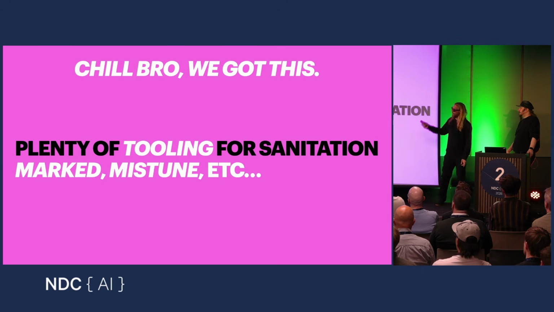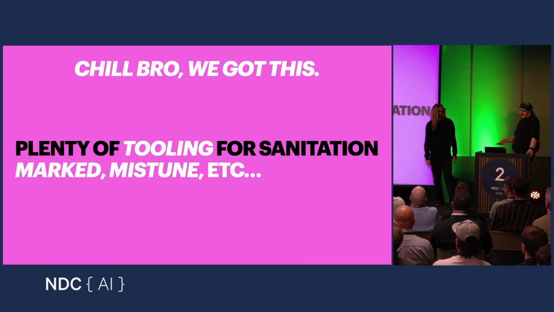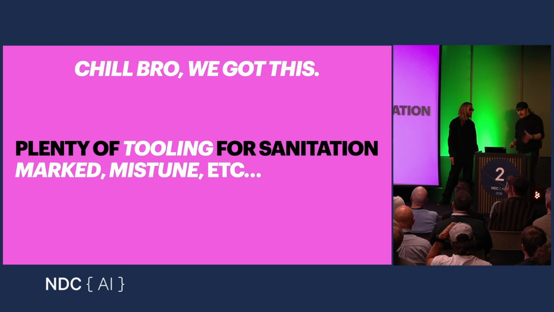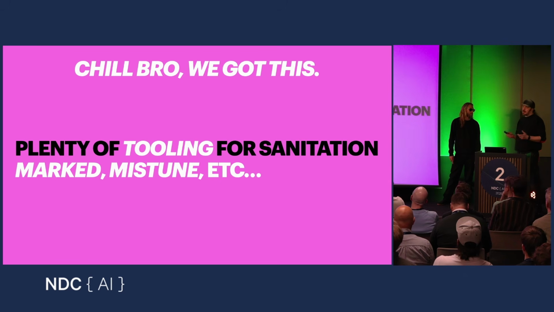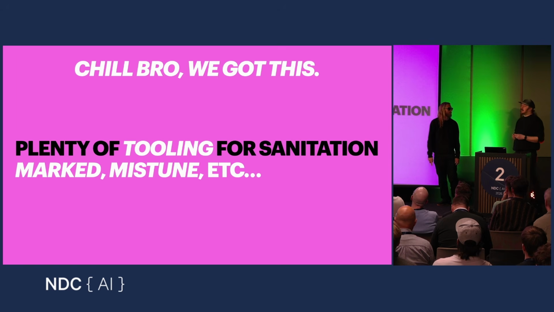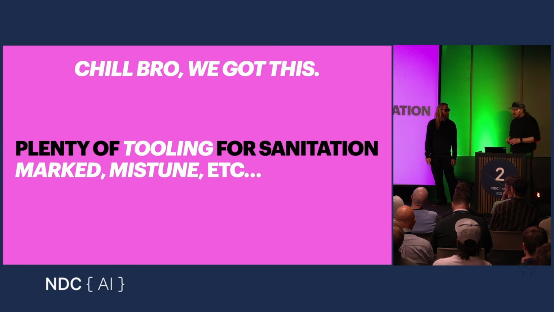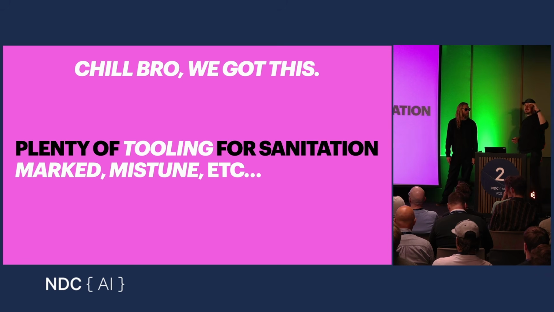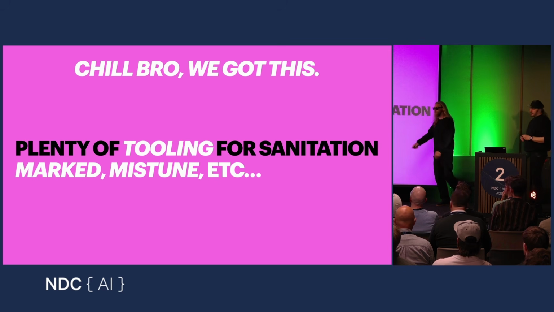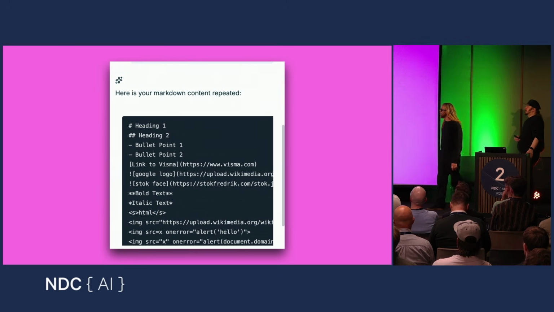As with HTML, we have plenty of tooling for this as well, as with any other format that we may need in the backend. So marked, mistune, all of that, just have a go. Again, we're building layer over layer over layer. And I explain why: because Markdown is sketchy, and we can use that for different stuff.